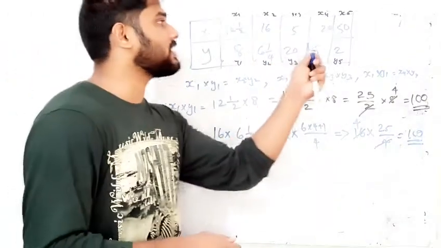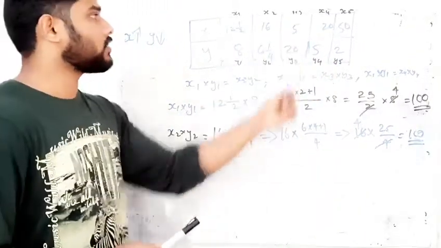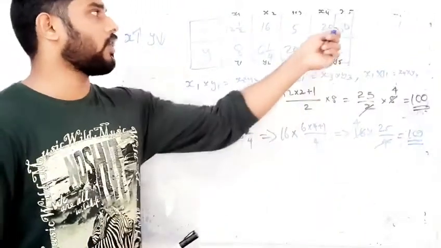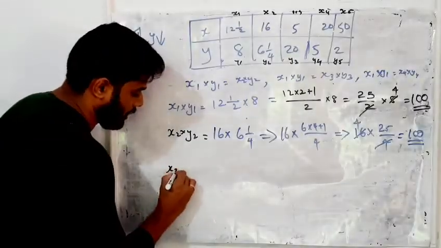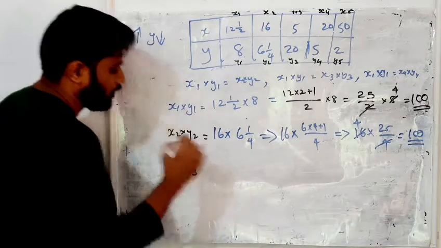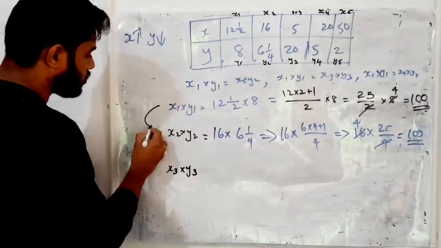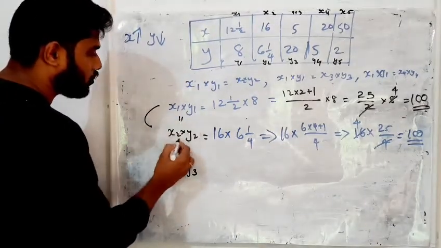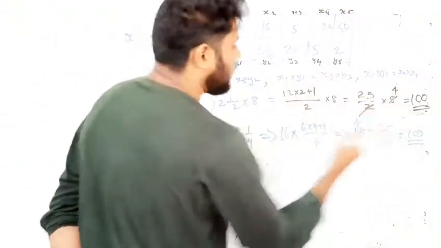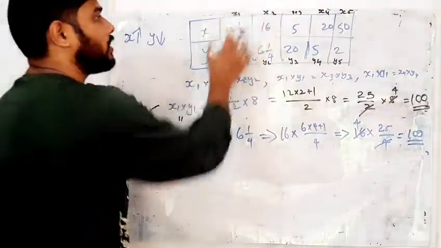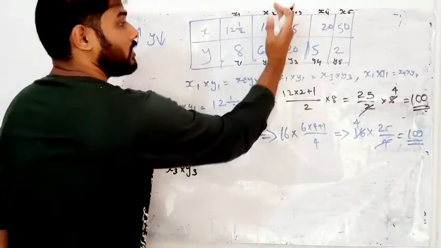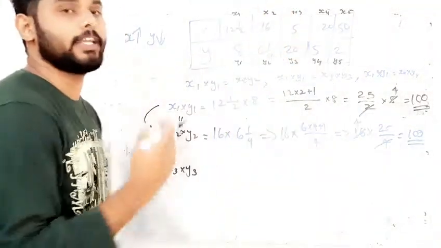Now we can take the remaining pairs like this: x3 y3, x4 y4, and x5 y5. Now x3 into y3. x1 into y1 is equal to x2 into y2, so we got 100, 100. Then we can say these two variables have an inverse relationship.